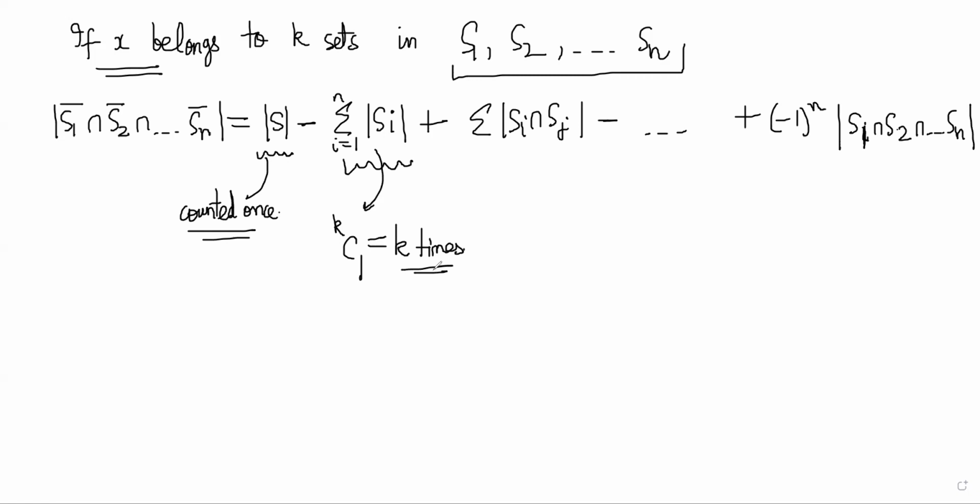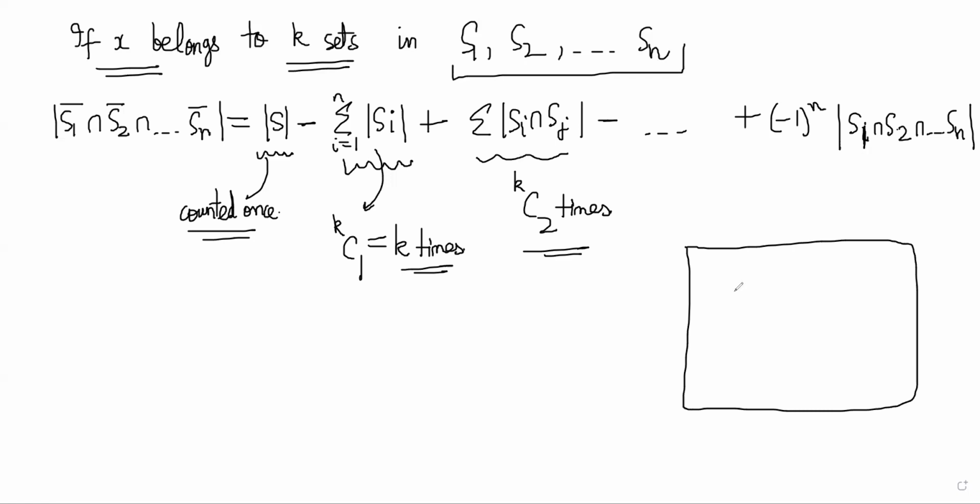Why KC1 times? Because X belongs to K different subsets, right? Here, it will be counted KC2 times, because there are K subsets where X belongs, right? X is a single element, but it could be a part of multiple subsets, right? S1, S2, S3, it could be a part of K sets like that.